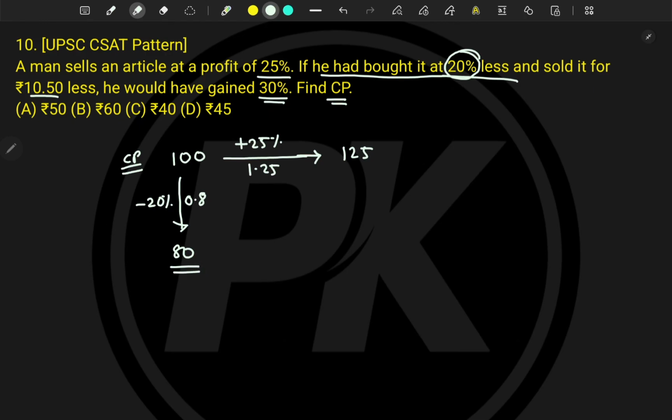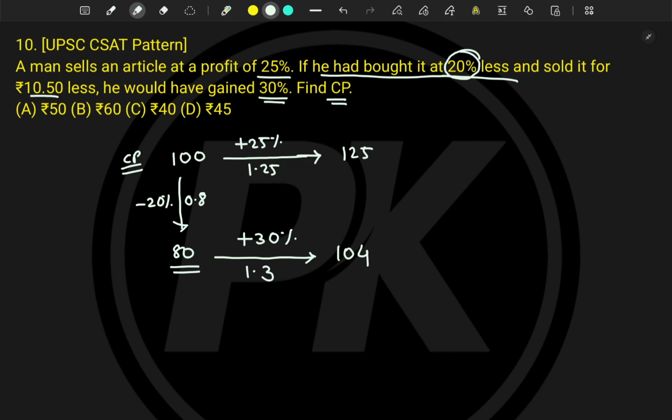So let's say if he had bought it at 80 rupees, which is 20 rupees less, and sold it for 10.5 rupees less, he could have gained 30 percent. So 30 percent means 1.3. So how much? 13 into 8, it is 104, right? So 104.